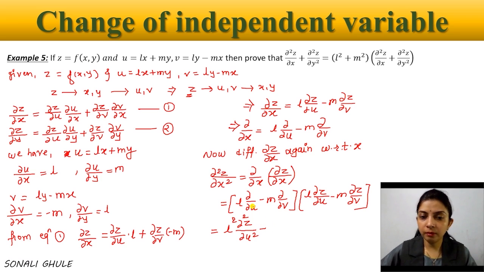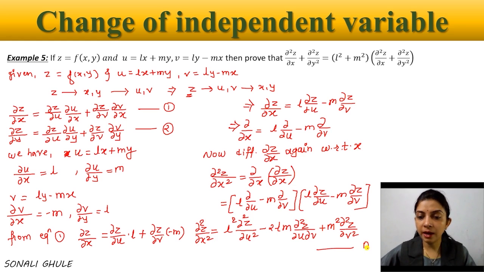Then minus 2lm dou 2z upon dou u dou v plus m square dou 2z upon dou v square. Okay, so I got here the value for dou 2z upon dou x square.